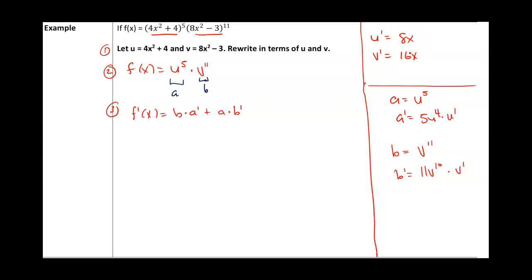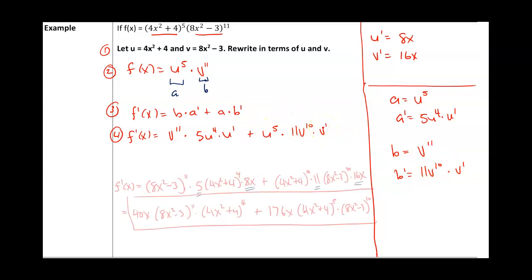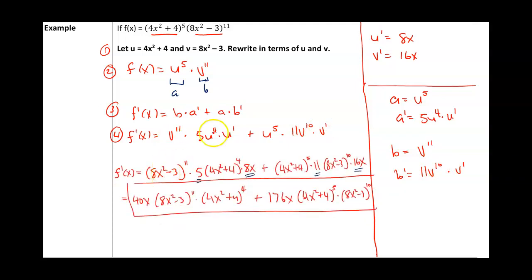So now let's just plug everything in. Our derivative f prime of x is going to be b, which is v to the 11th, times a prime, which is 5u to the 4th times u prime, plus a, which is u to the 5th, times b prime, which is here 11v to the 10th times v prime. And now I just plug everything back in. I know what v is, it's up here. I know what u is, that's here. I know u prime is 8x, so I have to have that.